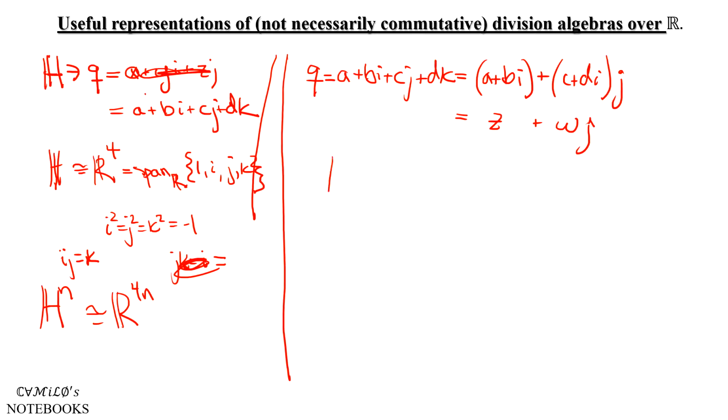So this gives us this identification, but the complex version. We can identify the quaternions with C direct sum the complex numbers times this basis element j.